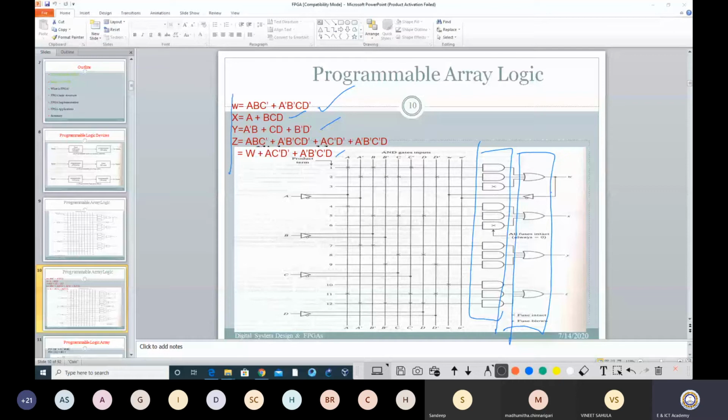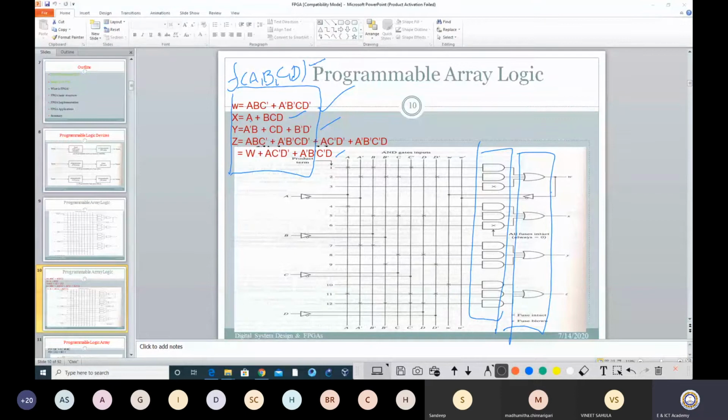Now if you look at all these functions, they are all functions of the inputs A, B, C, D. Okay, so all functions are of A, B, C, D. That is 4 inputs. So these 4 inputs, I have put as vertical lines. So vertical lines are simply my inputs. Just consider that A, B, C, D, 4 are the inputs.